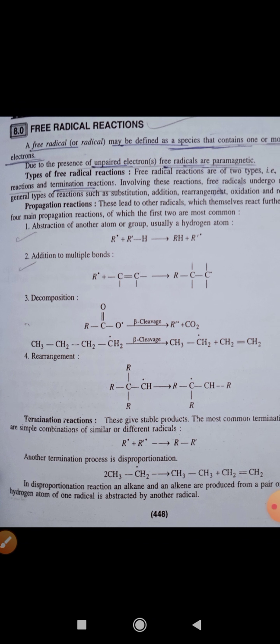The other type is the termination reaction, which has a tendency to form stable products. In this type, the free radicals may be similar or different. So similar or different free radicals combine with each other to form a stable product.